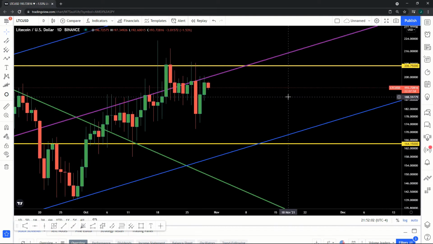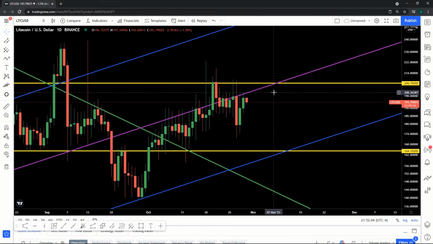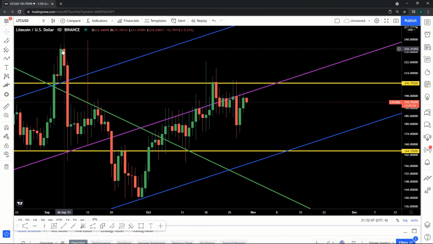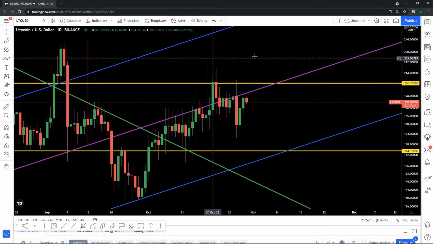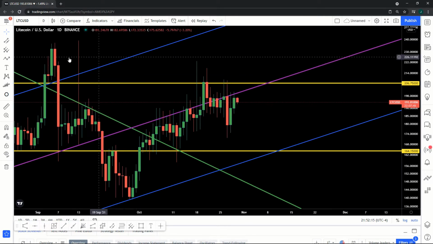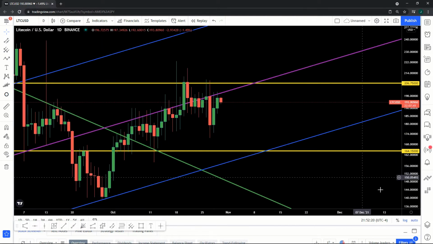And where I think price is going to go, because here we have multiple tests at 232.70, I think price is going to try and test this again sometime next week or sometime inside 10 days.